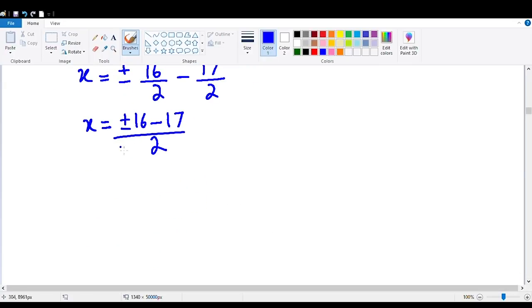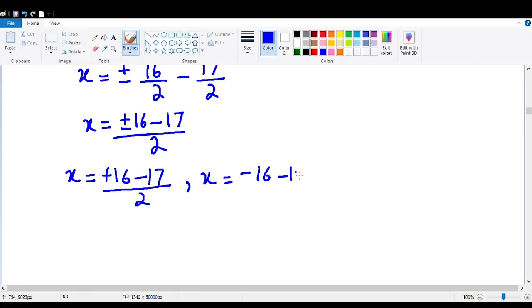So now we can write this as either x equals 16 minus 17 over 2, or x equals minus 16 minus 17 over 2, and x will equal minus 1 over 2, or x will equal minus 33 over 2.